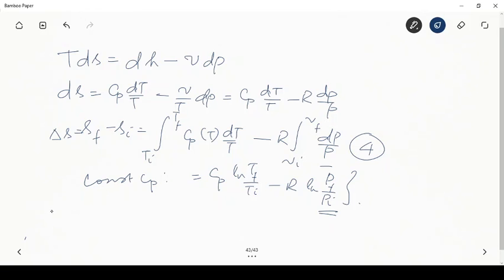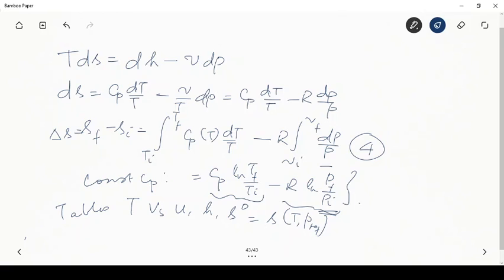So for ideal gases, you have tables of temperature versus U, H, and S naught, where S naught is actually S at T comma P ref, where P ref is atmospheric pressure. So you can calculate this using S naught, and for pressure change it is corrected using this expression.